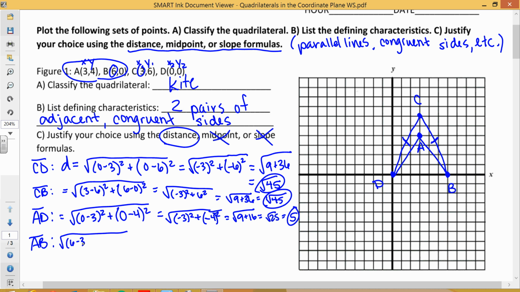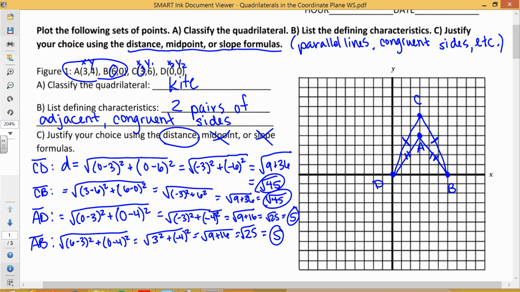So 6 minus 3 squared plus, and then 0 minus 4 squared, which equals 3 squared plus negative 4 squared, which is 9 plus 16 again, which is the square root of 25, which is also 5. So these sides are also congruent. So I'm going to mark those with 2 tick marks because they're different than our first sides. So this shape is in fact a kite.